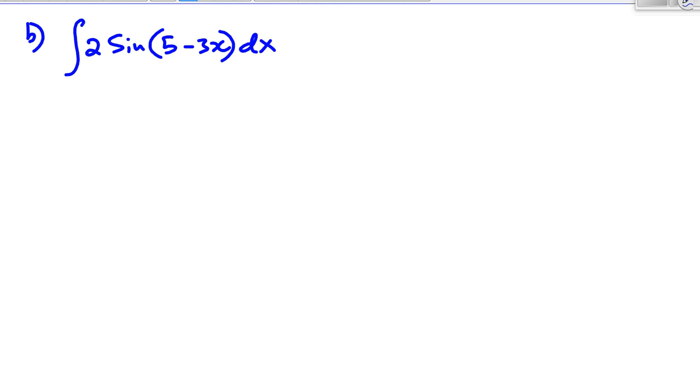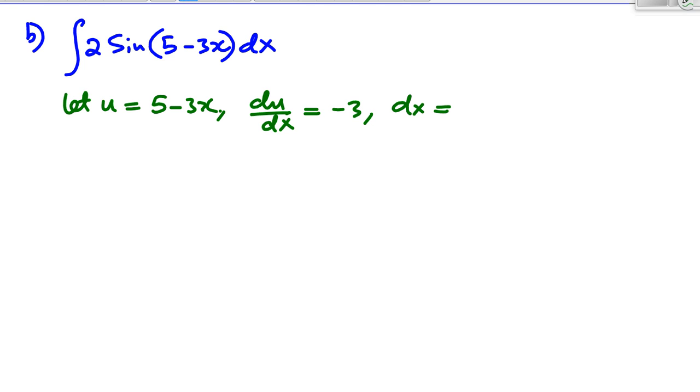The first step is let u be equal to 5 minus 3x, which means that du over dx will be negative 3, which means that dx will be du over negative 3. Make the substitution, you end up with 2 sine u multiplied by du over negative 3.